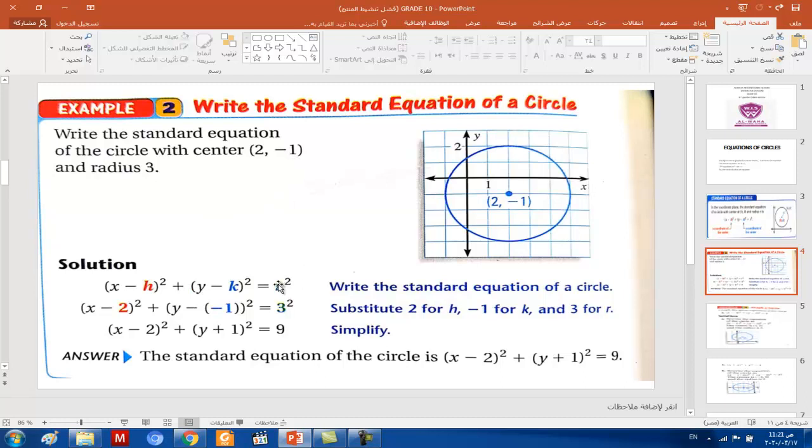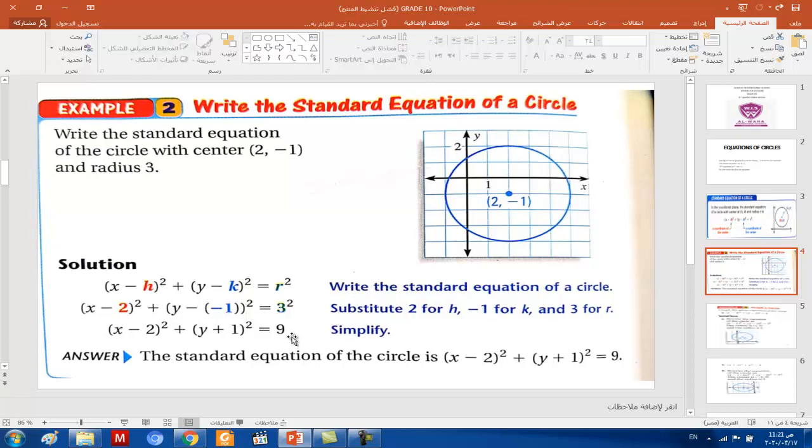R is the radius, which here is 3. So x minus 2 power 2 plus y minus negative 1. Negative by negative gonna be positive, so y plus 1 power 2 equals the radius power 2. The radius is 3, so 3 power 2 equals 9.